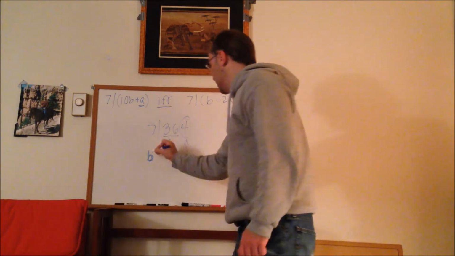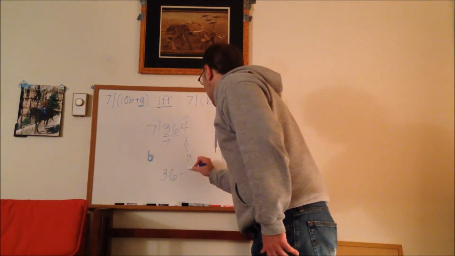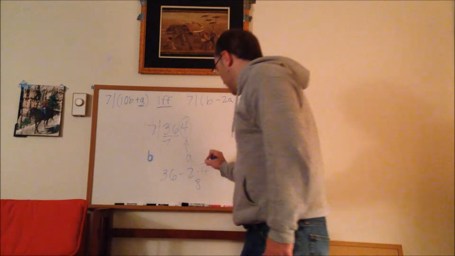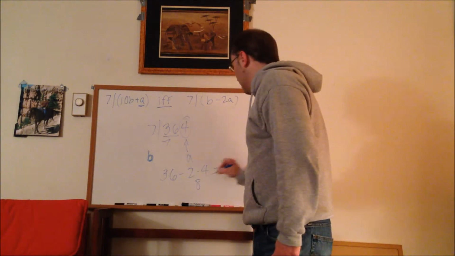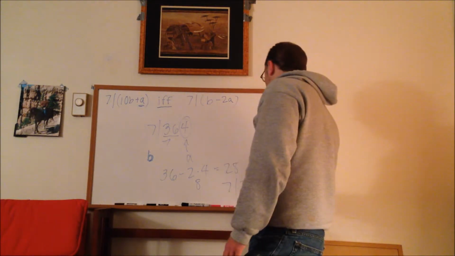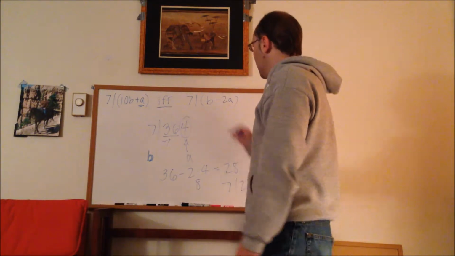So 36 is b, 4 is a, so 36 minus 2 times a, which is 4, gives you 8. Well, 36 minus 8 is 28, and 7 divides 28. It's 4 times 7, so because this is true, this is true.